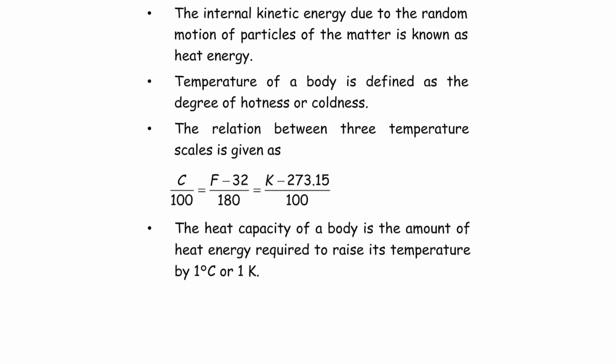What we discussed so far: first heat energy, and another one temperature, and the relation between the three scales, that is the Celsius scale, Fahrenheit scale, and Kelvin scale. And also we discussed heat capacity. Heat capacity of a body is the amount of heat energy required to raise its temperature by 1 degree Celsius or 1 Kelvin.